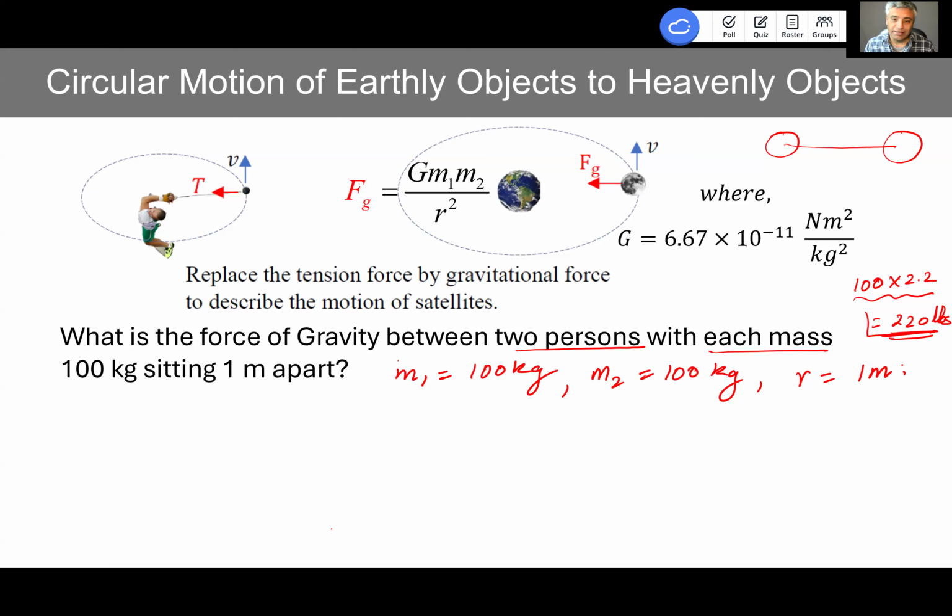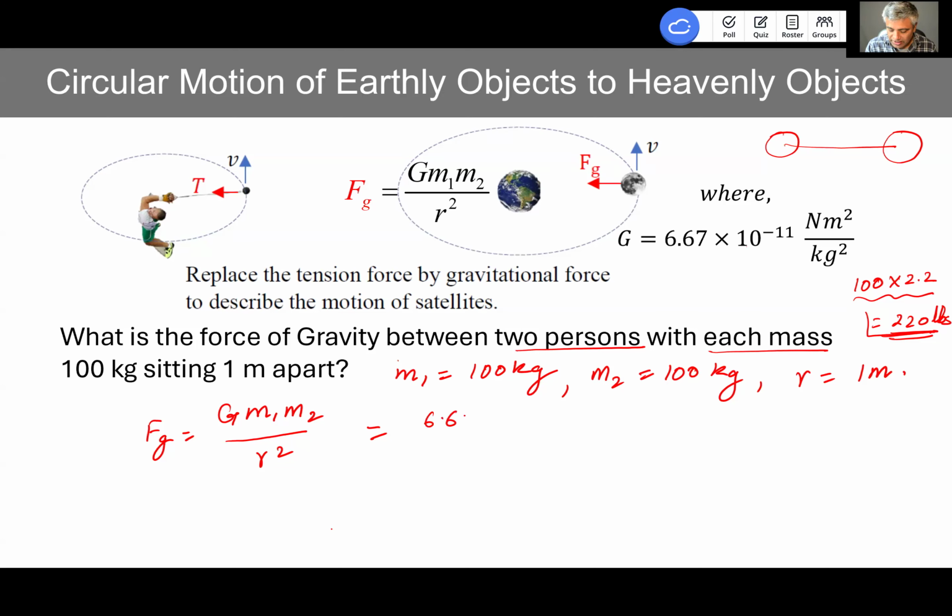And if force is given, you can just use algebra to calculate, for example, separation distance and so on, right? So force of gravity is given by that formula. I always copy the formula before I plug in numbers. That way, the person who looks at my work has an idea what I'm doing, right?